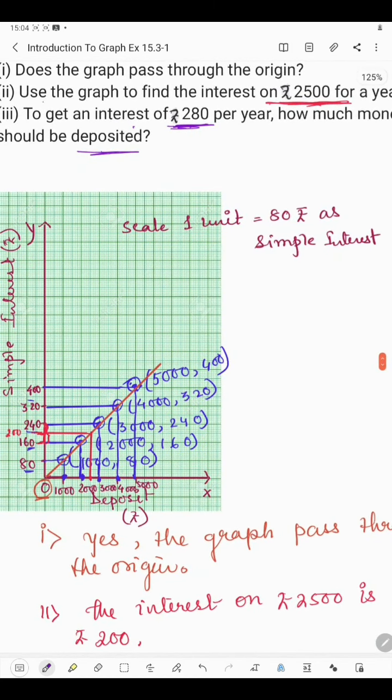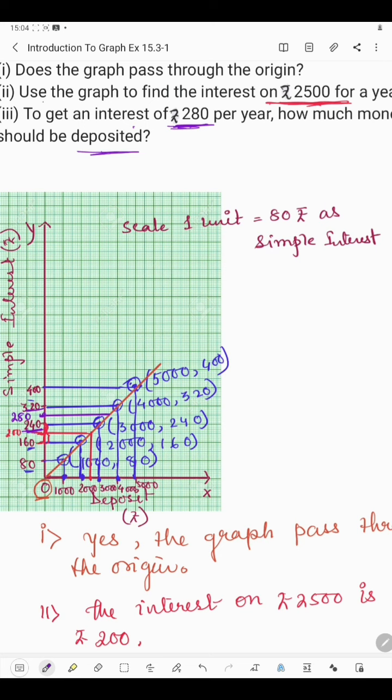Now here is 240 and here is 320, and we just now saw how to get exactly in between: if we add 40 to this number, then we get the exact value in between these two, right? So it is 280. Now from this point, if you go towards the right, it meets over here.